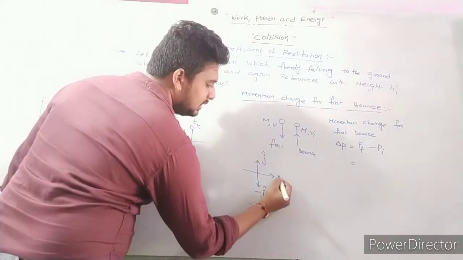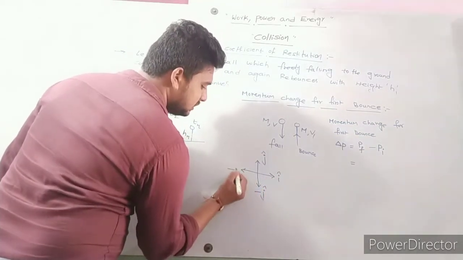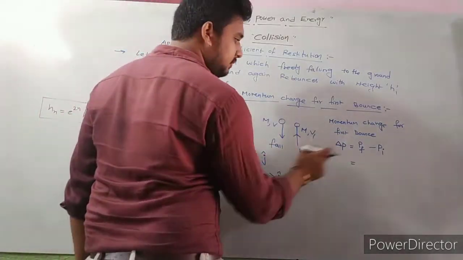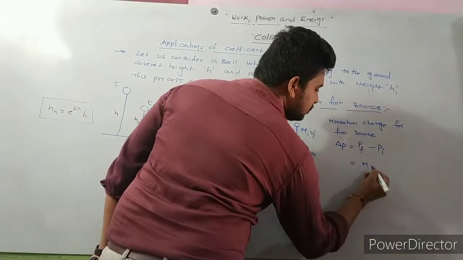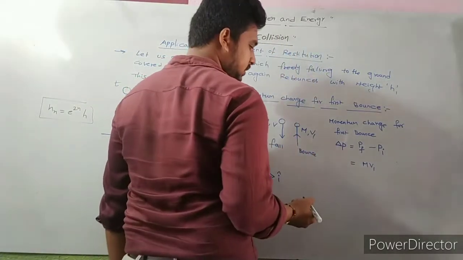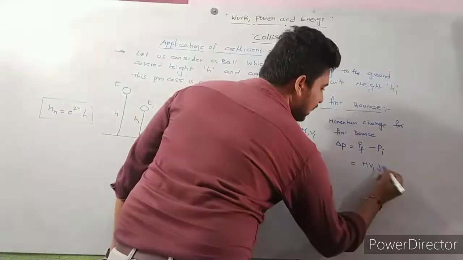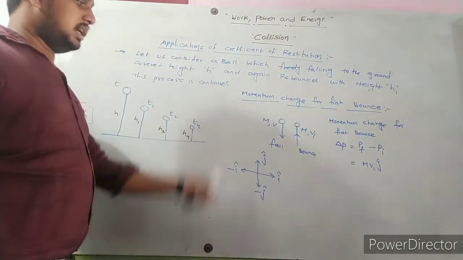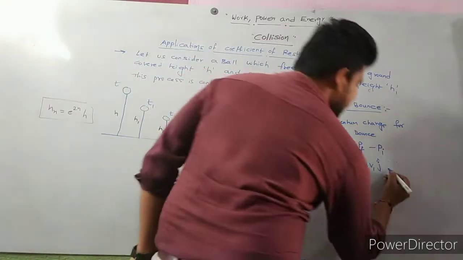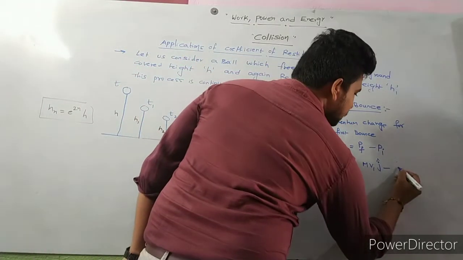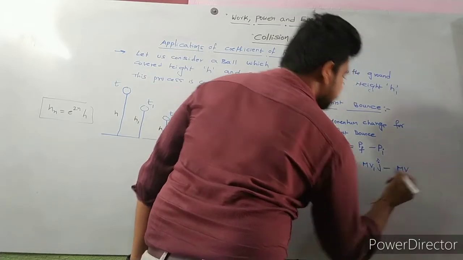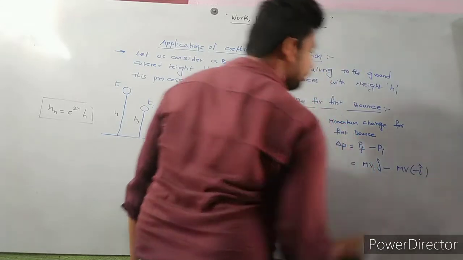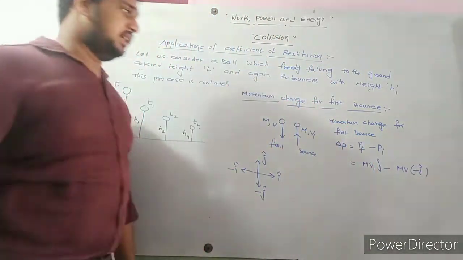So the final momentum is m into v1 into j cap upward, minus the initial momentum m into v into minus j cap, downward.